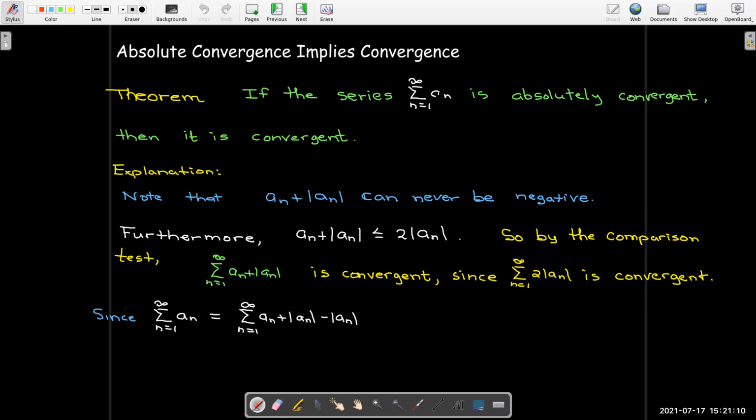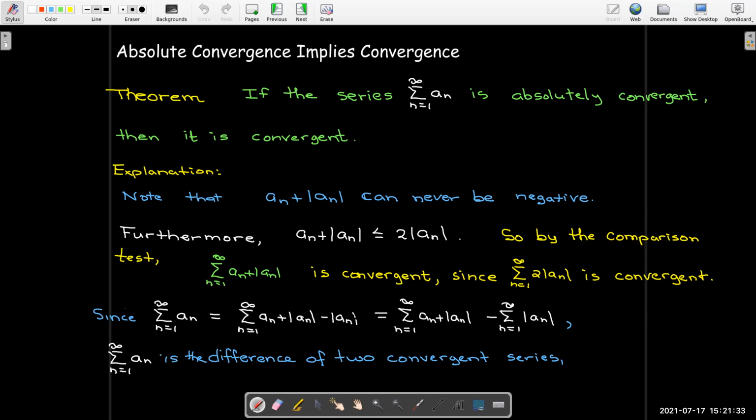I know that the original series is absolutely convergent, so the series whose terms are the absolute value of a sub n is also convergent. So I can break that up into two convergent series. So now I've got my original series written as the difference of two convergent series, so it must also be convergent.